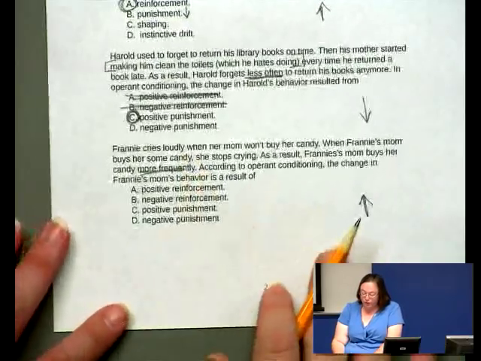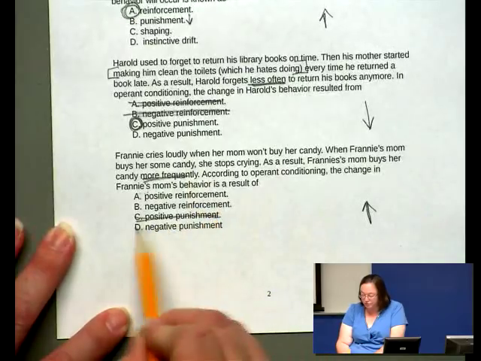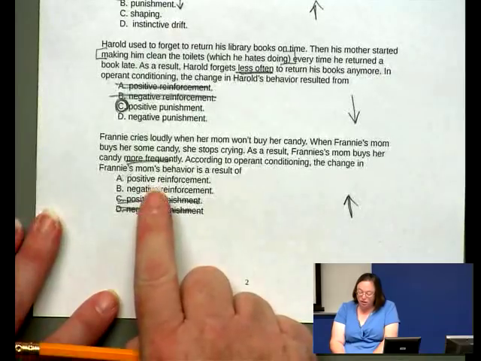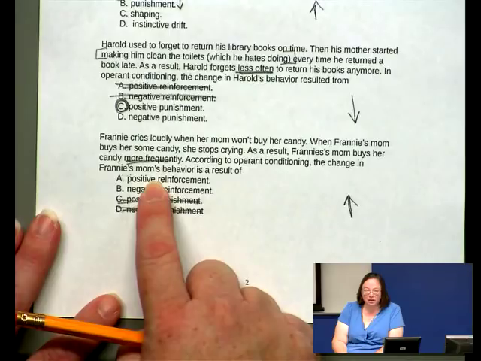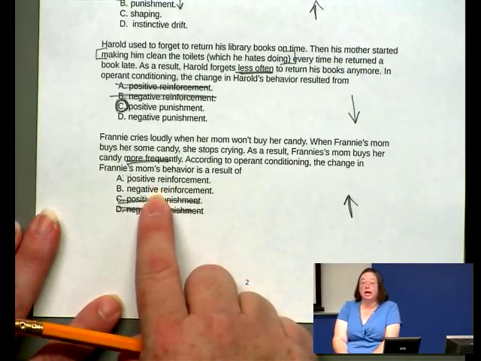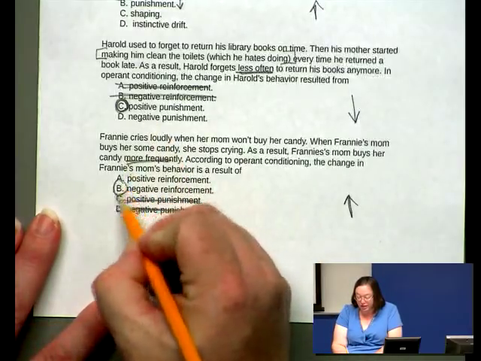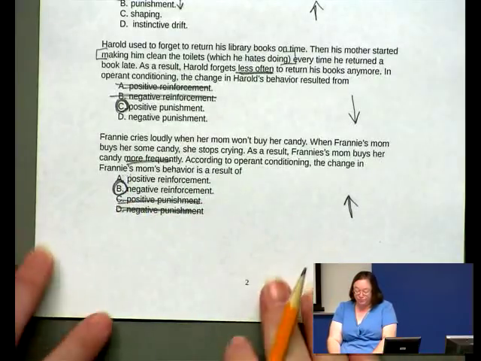The more frequently means it has to be a reinforcement, so bye-bye punishments. And is she doing it to reward her daughter for doing something that she likes? Nah. She's actually doing it so she doesn't have to listen to her child whine. That would be a negative reinforcement. So she gets out of listening to her child whine.